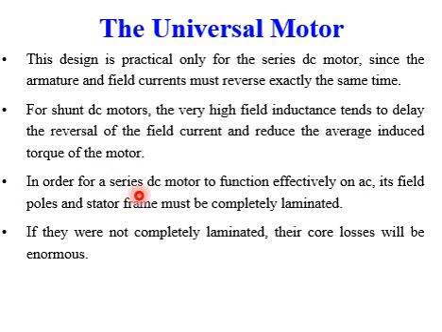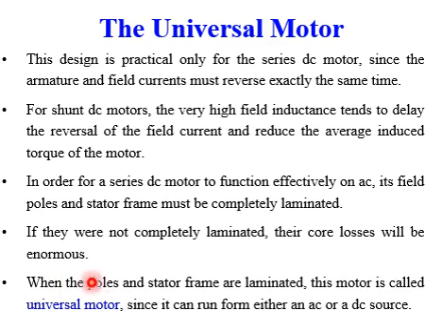In order for a series DC motor to function effectively on AC, its field poles and stator frame must be completely laminated. So there should be a complete lamination on the poles and on the stator frame. If they were not completely laminated, their core losses would be enormous.